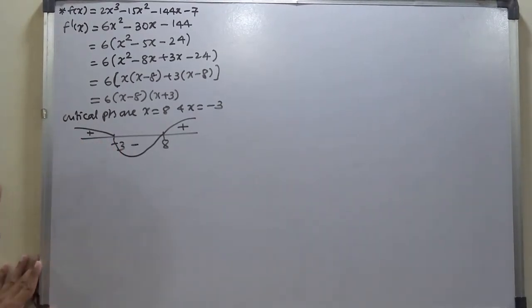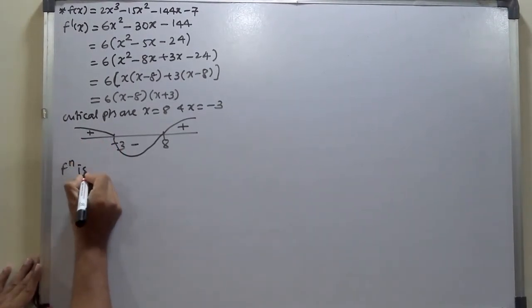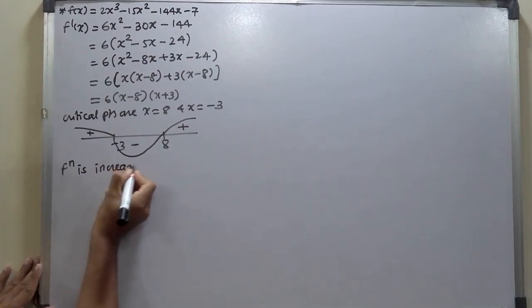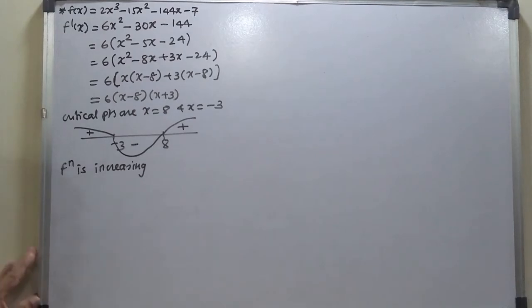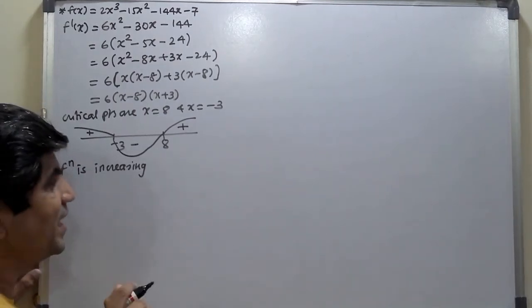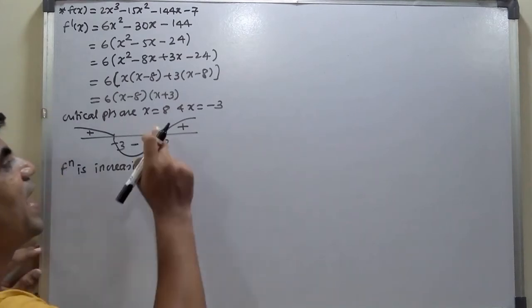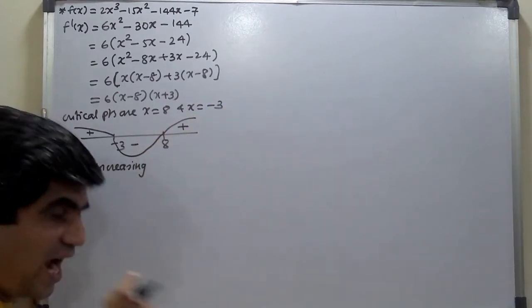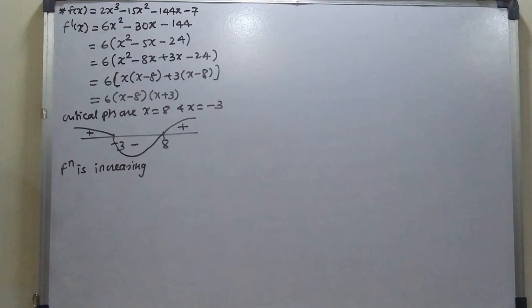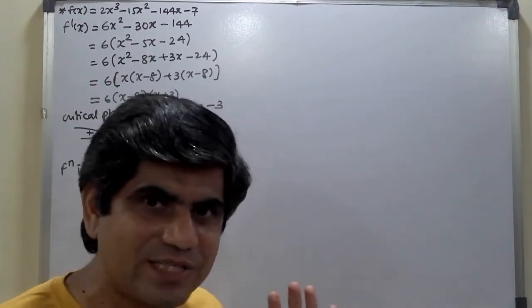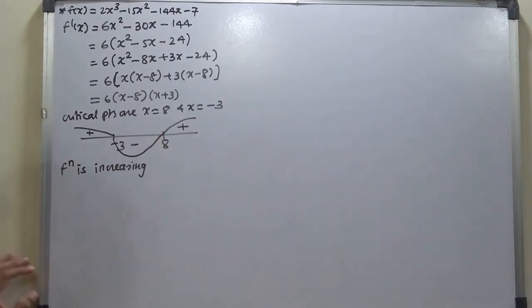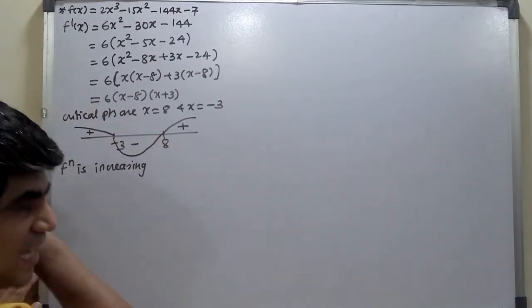So I can say that the function is increasing. Increasing, I am saying, increasing. Where will it be increasing? From 8 onwards. I told you, if you remember, that for increasing and decreasing it can be equal to 0 also. So 8 can be included and here minus 3 can be included.